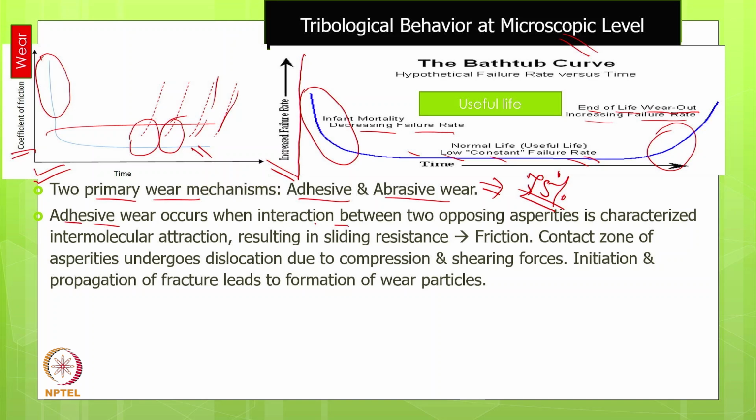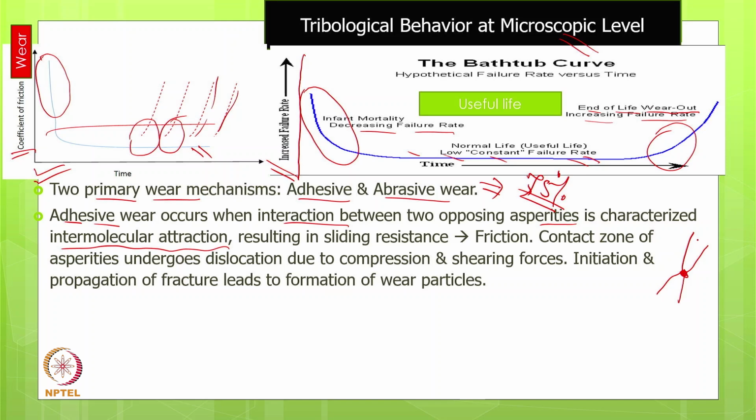Adhesive wear occurs when the interaction between two opposing asperities is characterized by intermolecular attraction. When the two surfaces come into contact, there's one asperity, there's another asperity, and the molecules of this asperity and of that asperity try to intermingle, or make some sort of intermolecular bond, and then this becomes a weld.